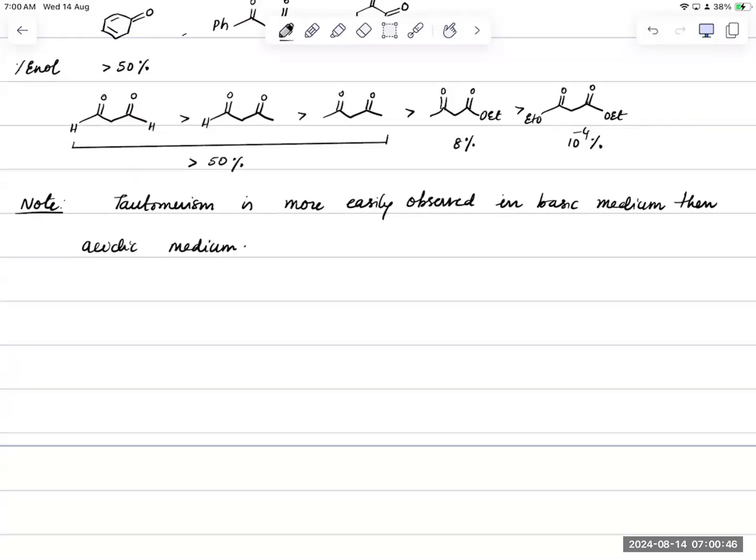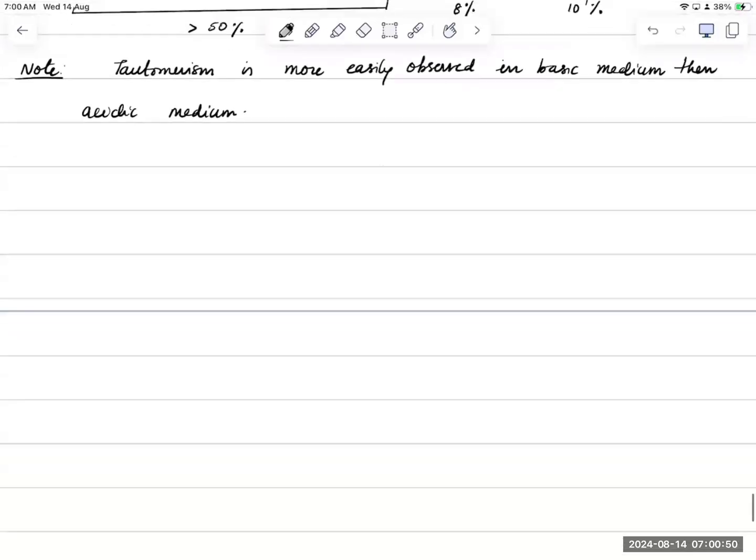Now, using that, what we could discuss first is the kinetic isotopic effect due to tautomerism.